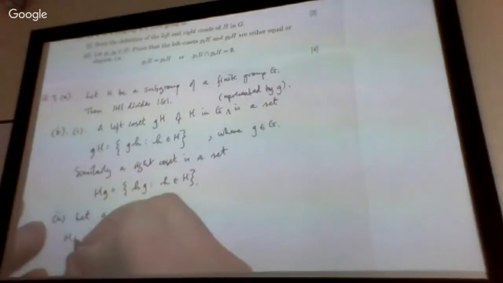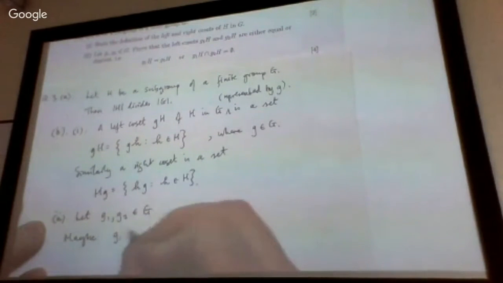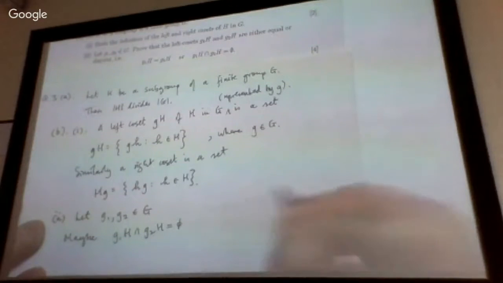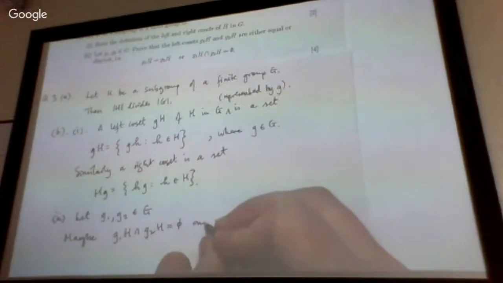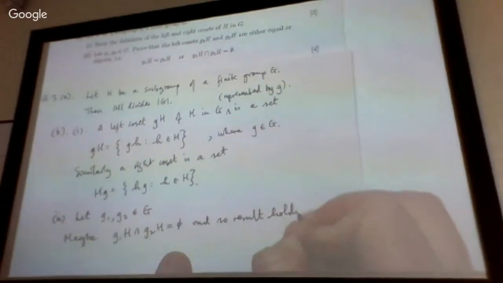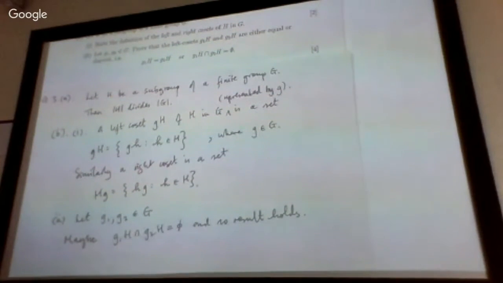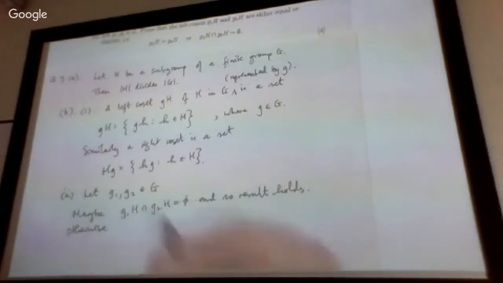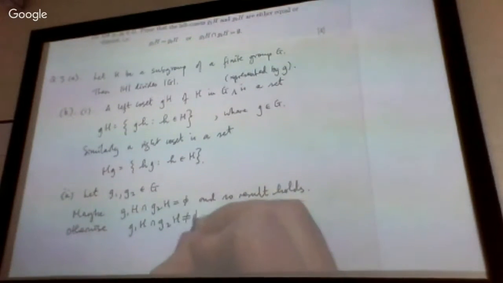Maybe g1H intersect g2H is the empty set. So the result holds, and there's nothing more that would be required to prove. Otherwise, the intersection is not empty.